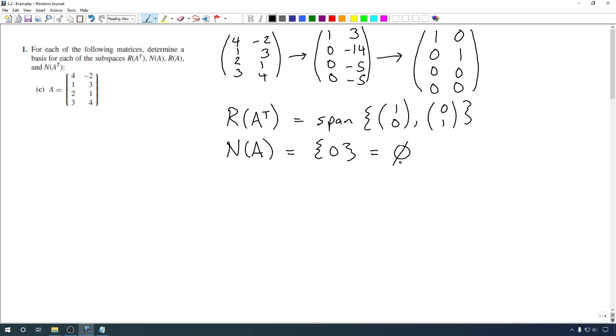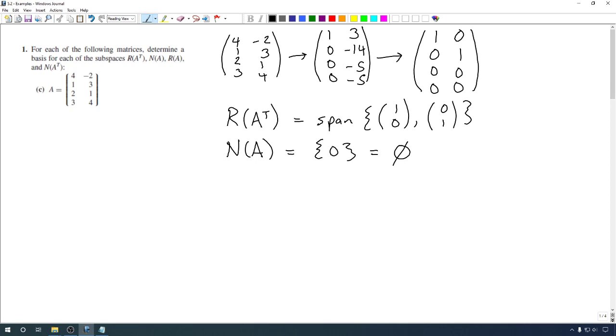That's why we say that the space with just a 0 vector in it has dimension 0, because a basis for it consists of 0 vectors. Essentially, even if you just take the vector 0 by itself, it's not linearly independent at all, because we can multiply by something non-zero and still get the 0 vector.